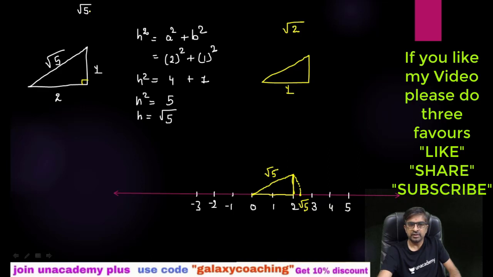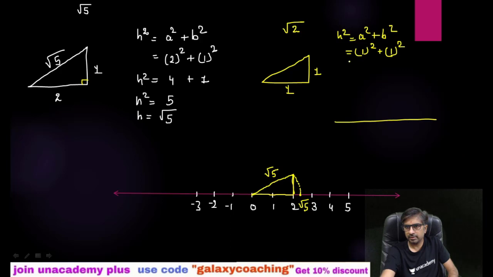Here what we had done, nearest perfect square number less than 5 was 4 and root of 4 was 2, so we had taken 2 here. Now 1 here, every time we have to start with 1 only. So you will get 1 here and 1 here. So by Pythagoras, h square is equals to a square plus b square. So 1 square plus 1 square, 1 plus 1, 2 will come here, h square is 2, so h will be under root 2.